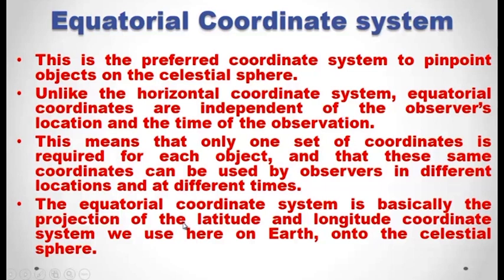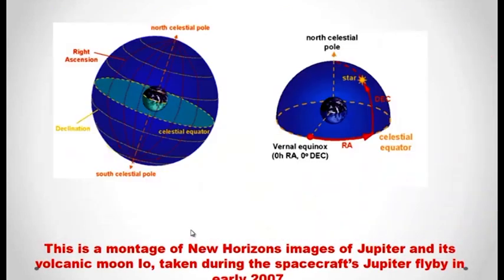So, the equatorial coordinate system is basically the projection of the latitude and longitude coordinate system we use here on Earth onto the celestial sphere. In this image, you can look at the celestial sphere. This blue thing is the celestial sphere. Then this is the equatorial plane of the Earth, which is also called the celestial equator.